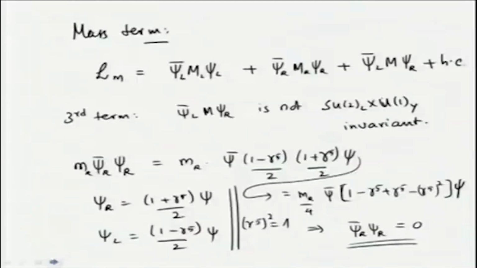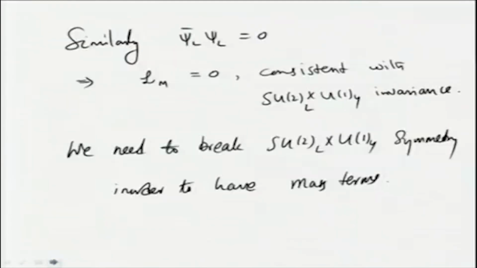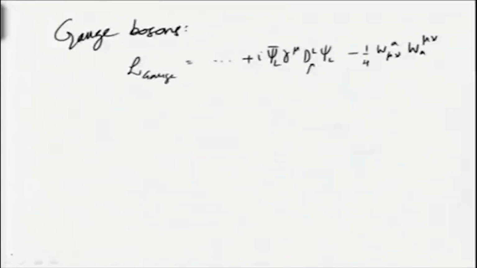The mass term for the gauge boson is essentially one which is equal to some constant into W mu W mu.